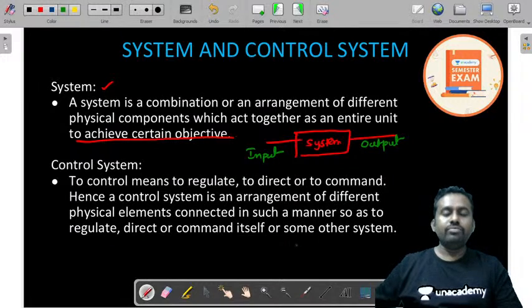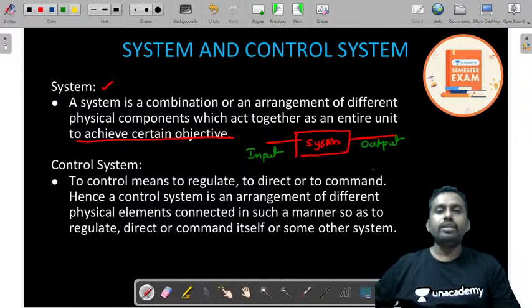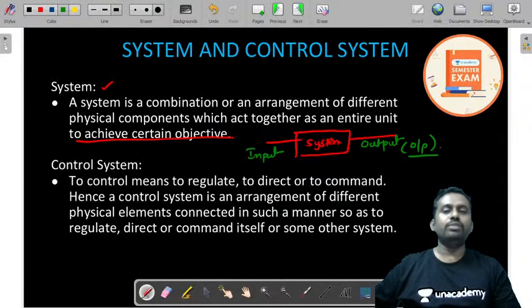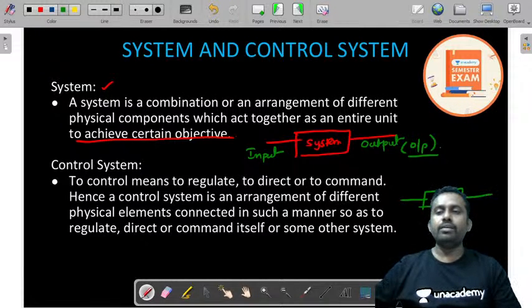In this, we will command, direct, or regulate the same system or some other system. The difference between a system and a control system is that a system has an output which may or may not be a desired output, whereas in the case of a control system, if an input is given, the output is a desired output.